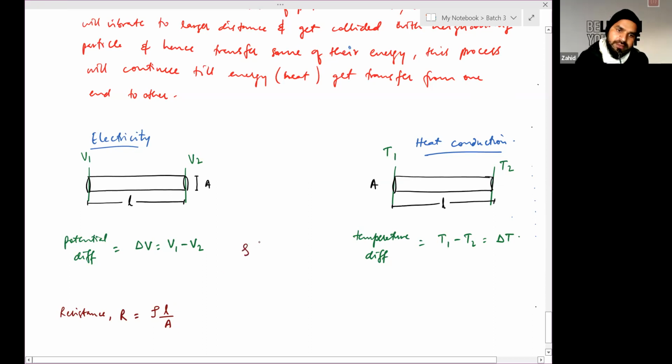Now, we may write resistivity as a reciprocal of conductivity, or in terms of heat, it is called K. So this rho is called resistivity. So this sigma is called conductivity. So in terms of heat, K is called thermal conductivity.